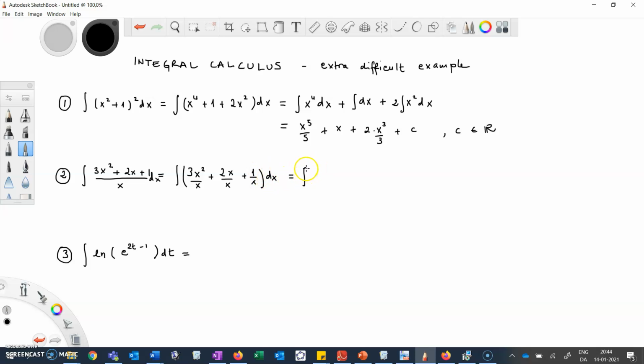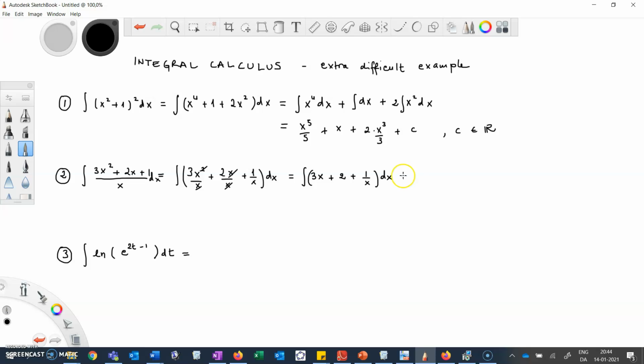So I'm going to have that the integral is in reality 3 integrals. So I'm going to have the integral of 3x plus, let me rewrite these pieces, right? So this one simplifies with this, x simplifies with that, so I have plus 2 plus 1 over x dx.